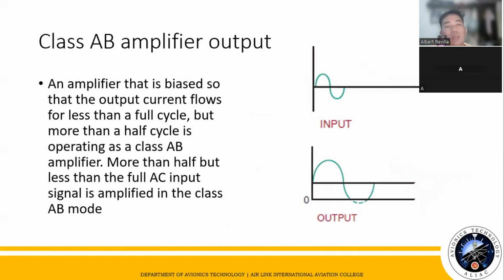And then, in the Class AB amplifier, the amplifier is biased so the output current flows for less than a full cycle but more than half a cycle. More than half but less than the full AC input signal is amplified in the Class AB mode.